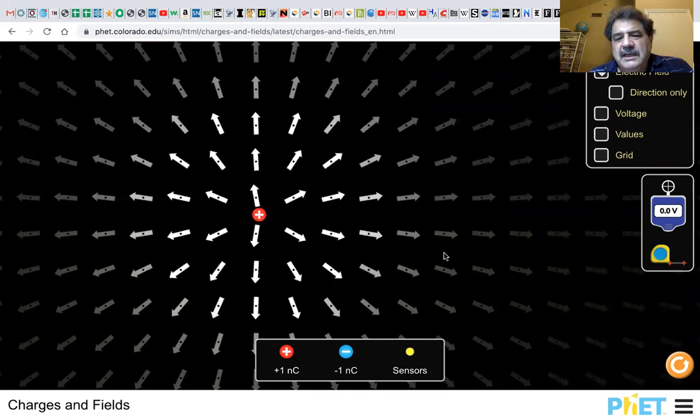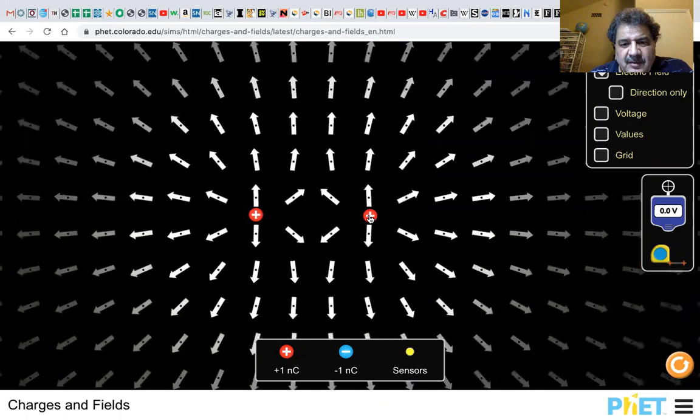I think we need the field lines. Let's try to position it right at a central point there. And let's put another one right here. So if you were to follow these lines, you would see that there's that dead spot here.